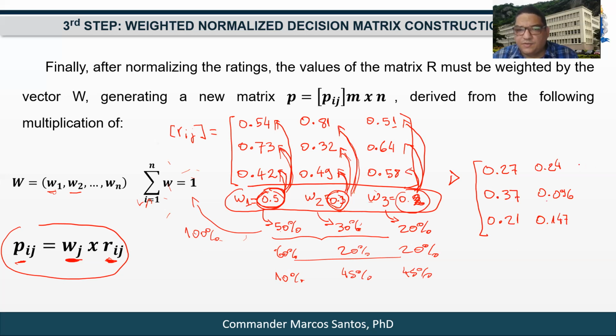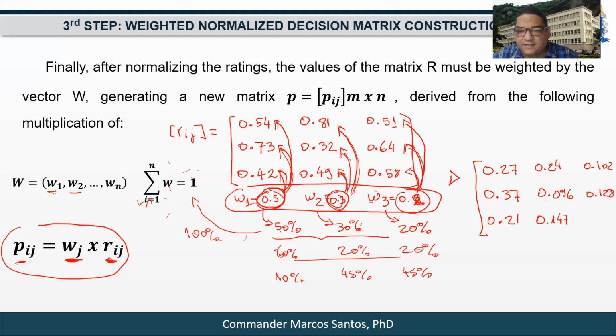So I will have 20% times 0.51 equals 0.102. 0.2 times 0.64, I have 0.128.